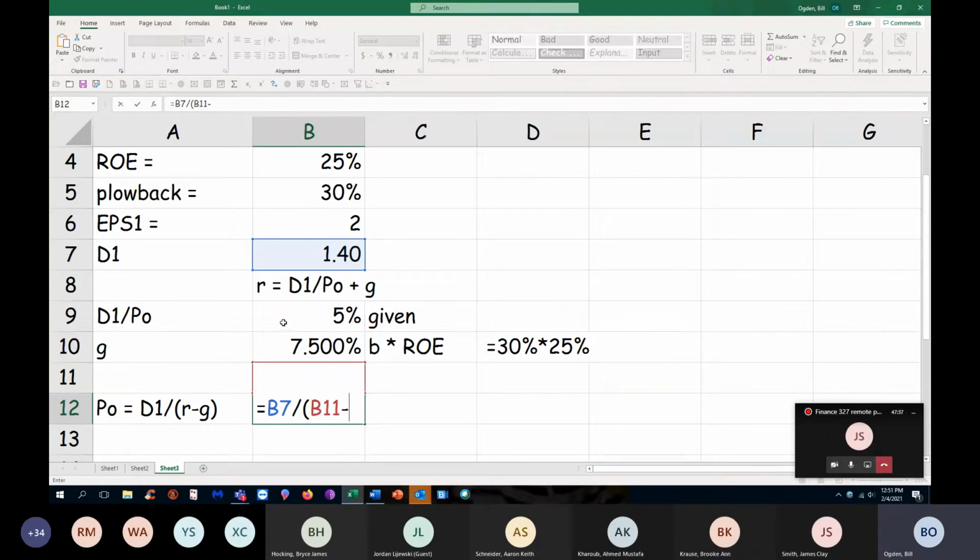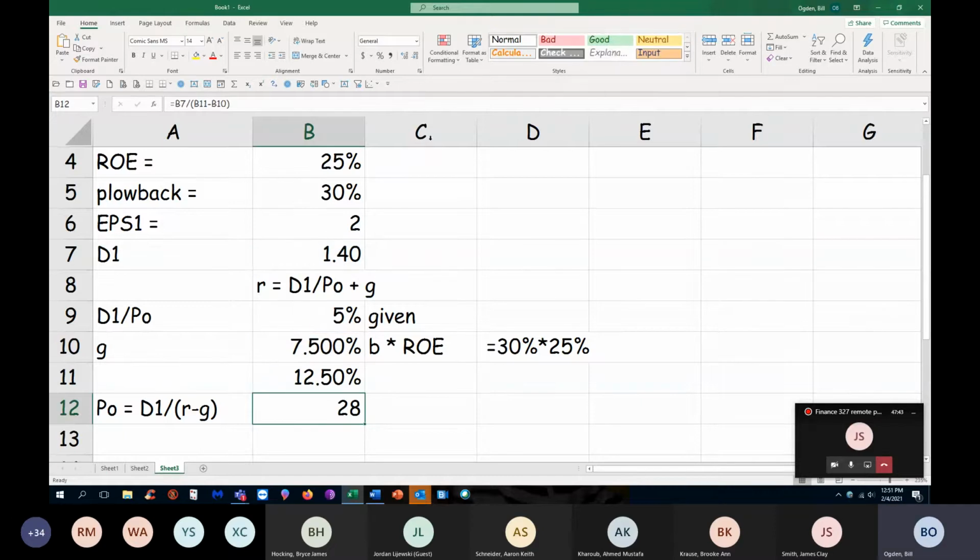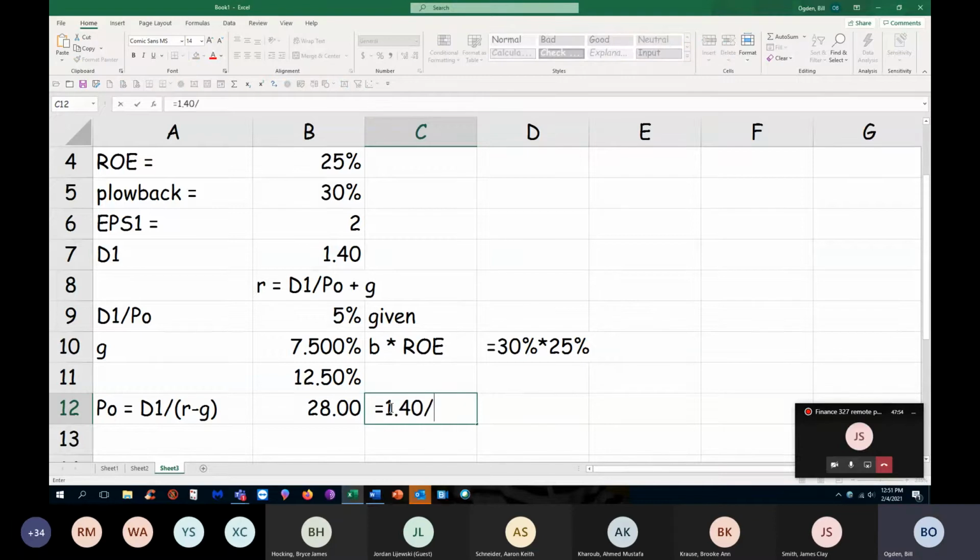R minus G. And so the model estimates a price of $28. Anyway, there you go.